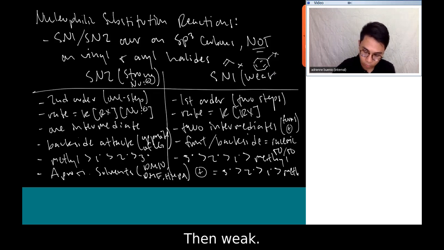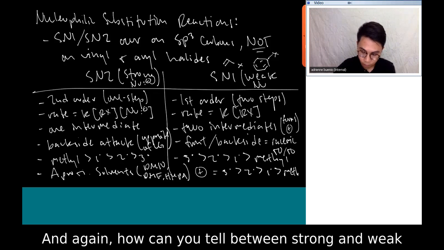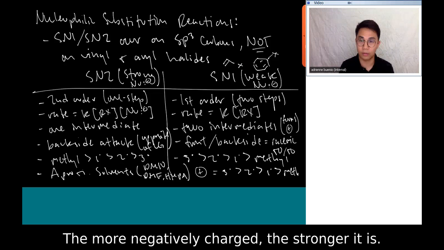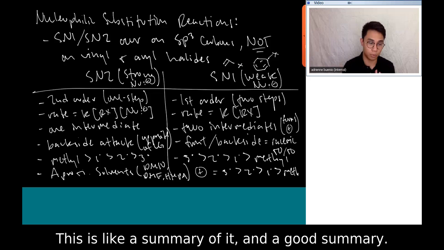And weak nucleophiles, and that's how you can kind of tell. And again, how can you tell between strong and weak nucleophiles? The charge, right? The more negatively charged, the stronger it is. That's all you need to know. This is a summary of it, and a good summary.